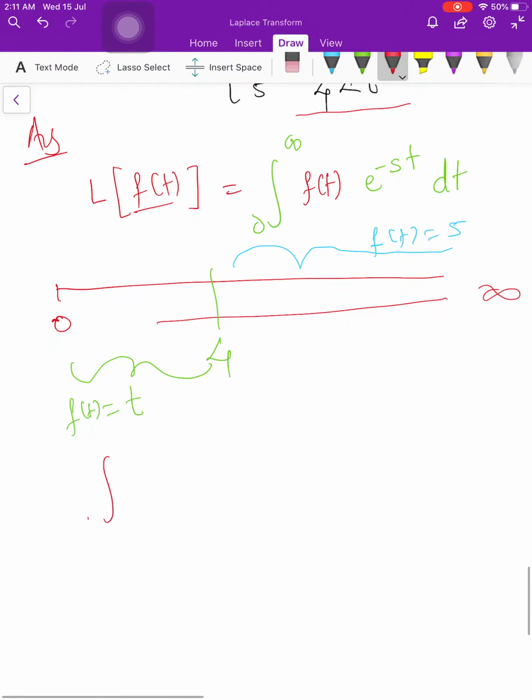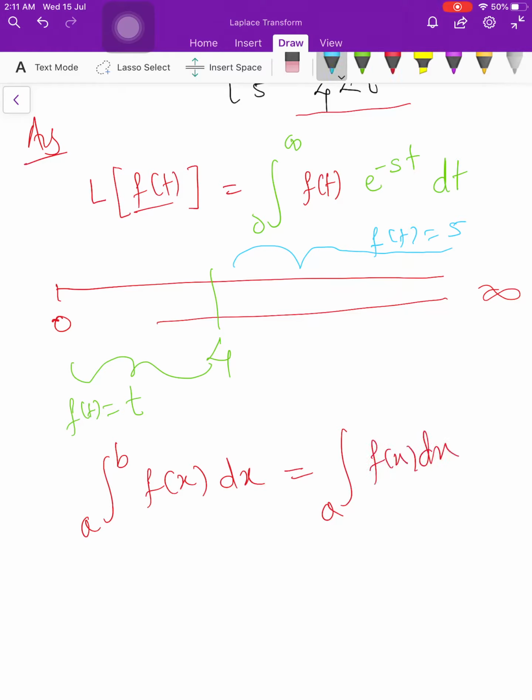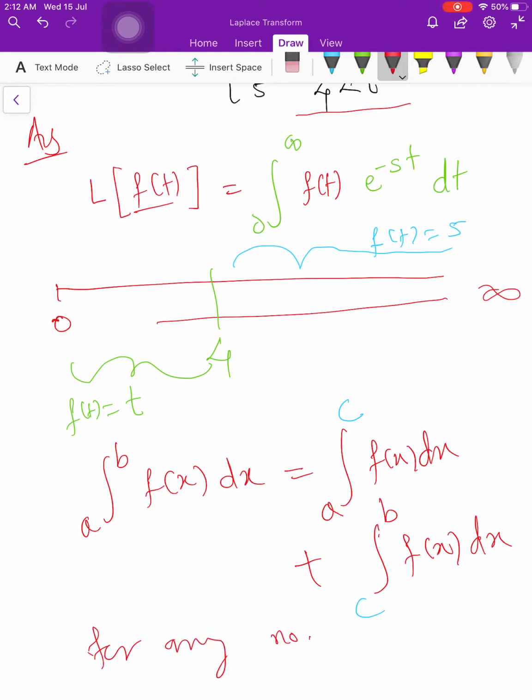Suppose you have integration a to b f of x dx, then this is equal to integration a to c f of x dx plus integration c to b f of x dx for any number c between a and b.